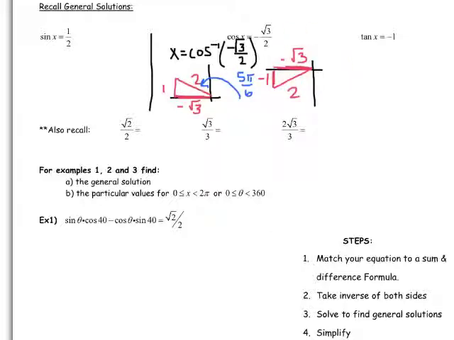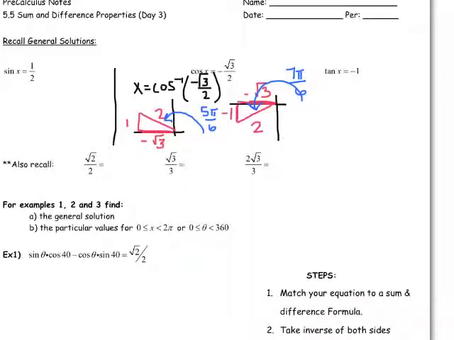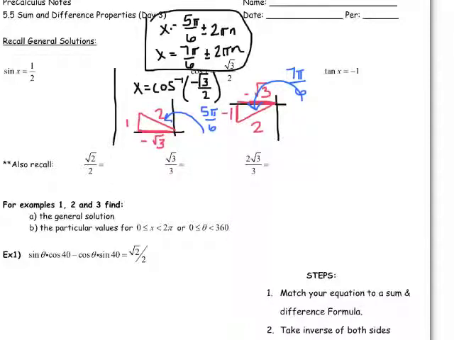So there are my two solutions, and I'll write the final answer up here. x equals 5 pi over 6 plus or minus 2 pi n, and 7 pi over 6 plus or minus 2 pi n. So those are the answers for that question.